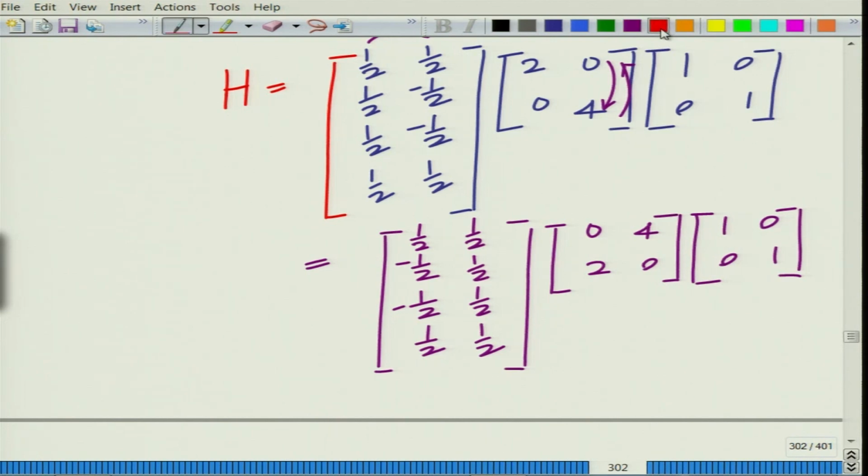Still not in the form, in fact, it is worse because this diagonal has become off diagonal elements. Now, all I have to do is switch once again the columns of the middle matrix and the rows of the last matrix.